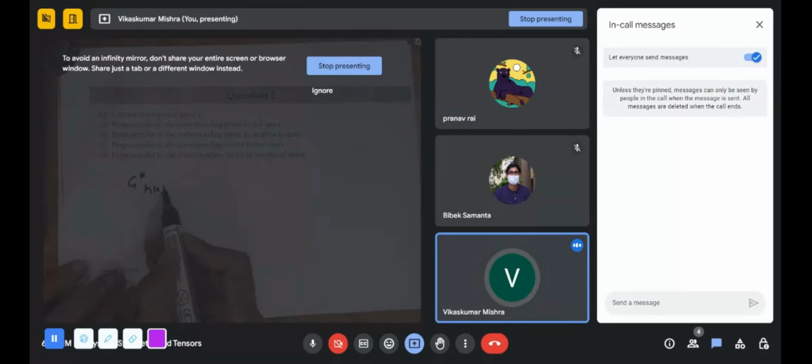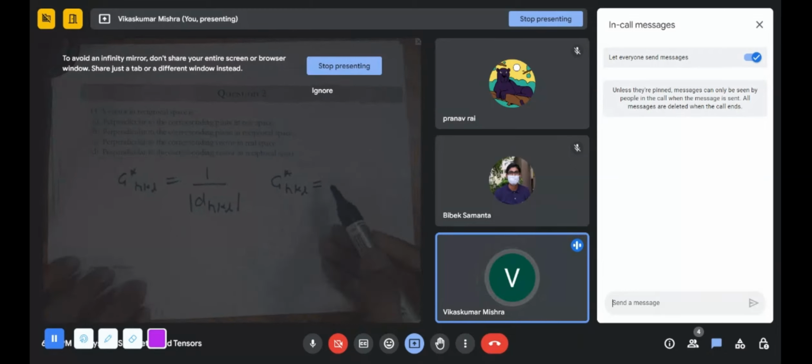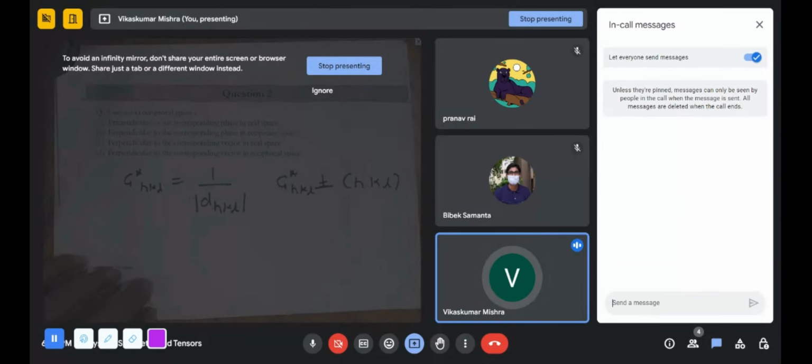One, which we used in the last question, is that the modulus of G star HKL is 1 upon D of HKL. Another thing that the professor discussed is that G star HKL is perpendicular to the real plane HKL. So we can say it will be perpendicular to the corresponding plane in the real space.